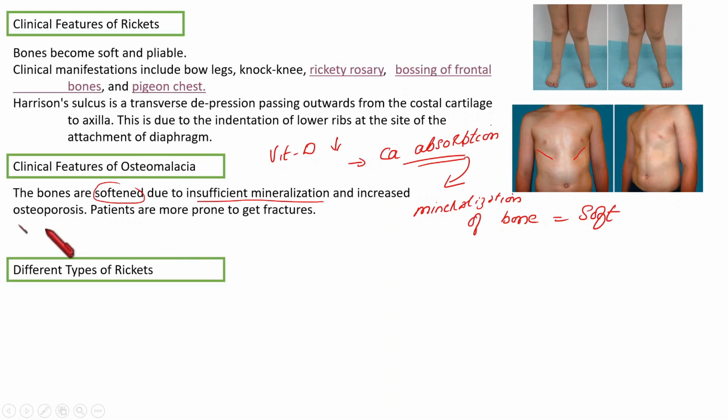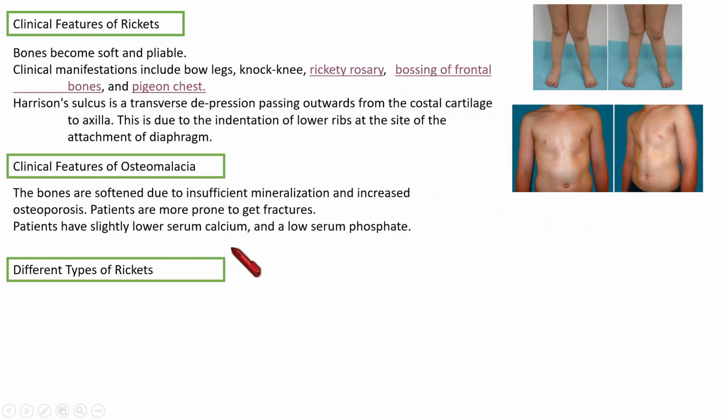And also osteoporosis. That softening of the bone may lead to osteoporosis, and because of that defect, the person is subject to fractures very easily. Also, when we check the serum of those patients, they have low levels of calcium and low levels of phosphate, because they are not properly absorbed from the diet across the gastrointestinal tract to reach the serum.